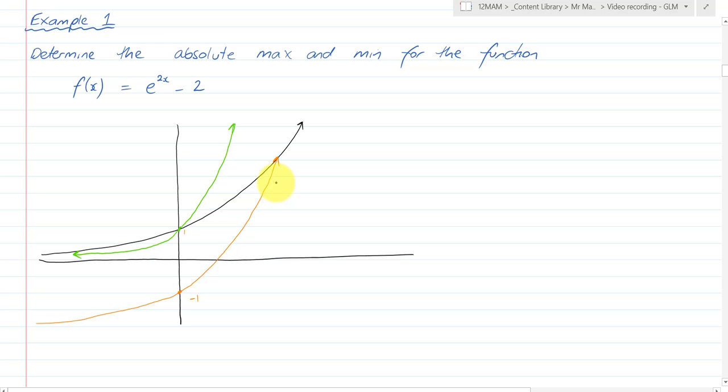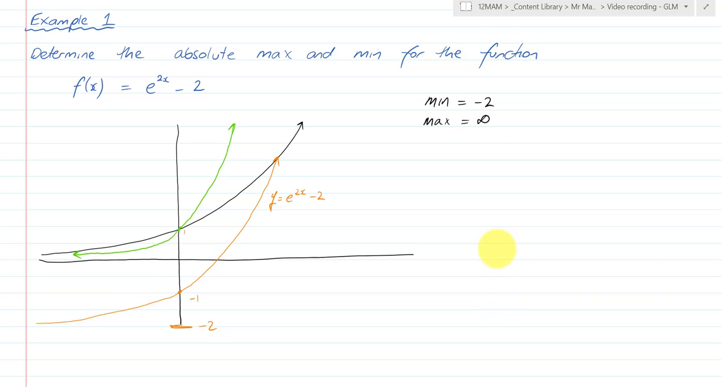So there we have our y equals e to the 2x minus 2, approximately. There's an asymptote here at negative 2, and so the absolute minimum is equal to negative 2, and the absolute maximum is equal to infinity, because it goes up to infinity as it just keeps on going, but it only goes down to negative 2 because that's where it asymptotes.